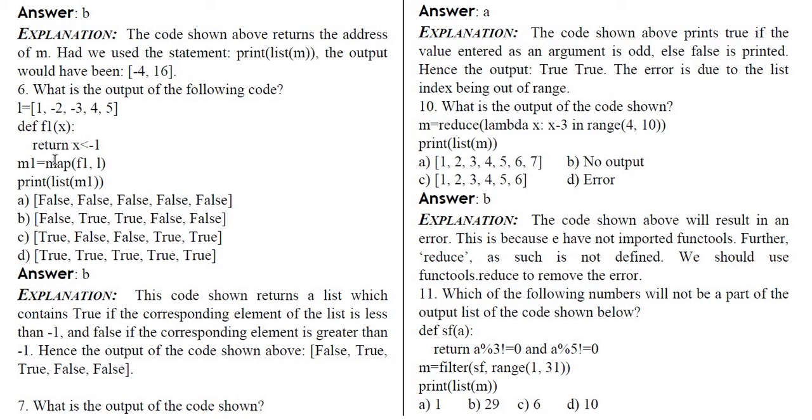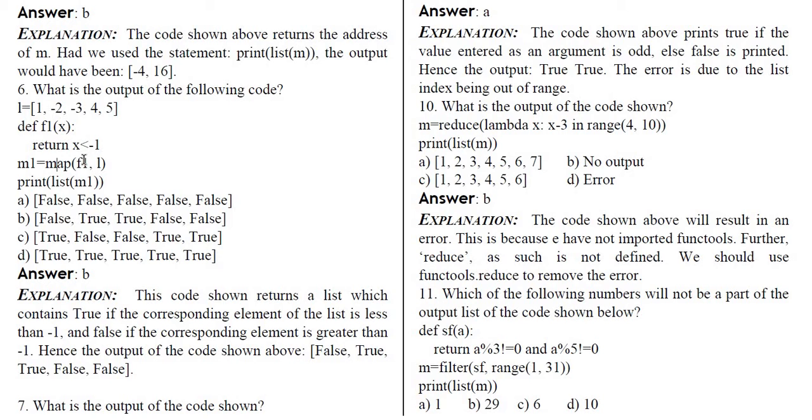Each item in the iterable is sent to the function as a parameter. Here you will see map(f1, l): this is your function and this is the iterable, the list.